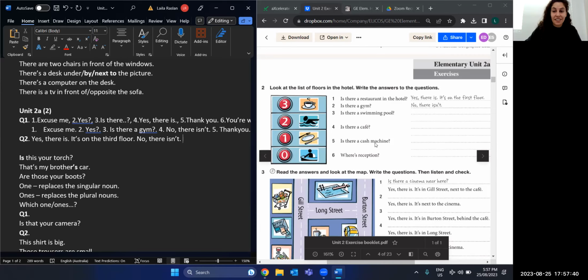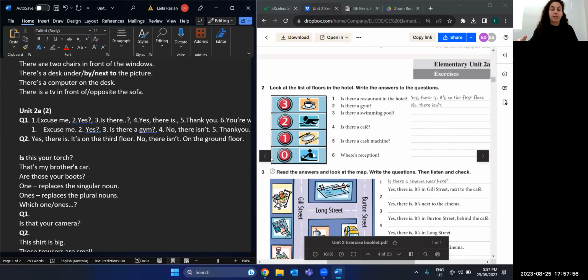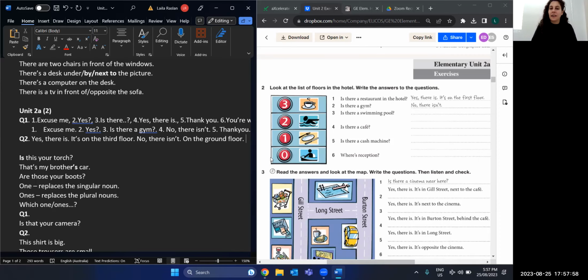Where's the reception? On the ground floor. So we usually say ground floor.